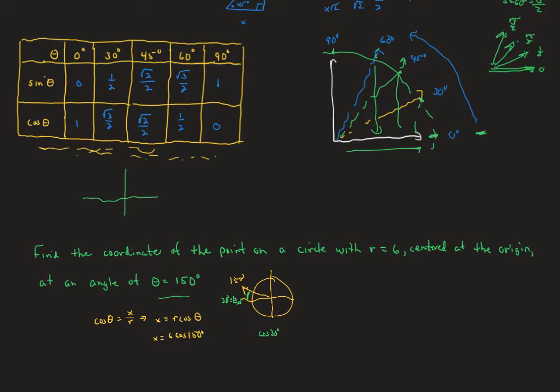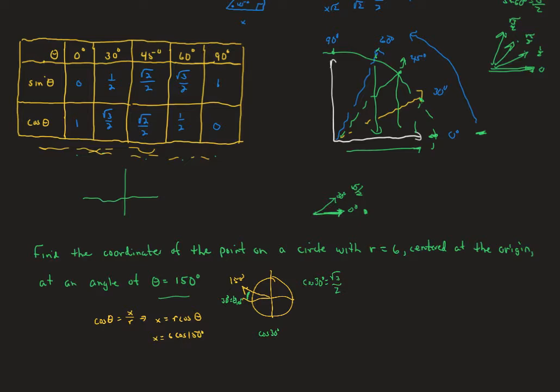Let's see, cosine: 0 is the first angle, and 30 is the next angle up. Cosine starts big, so it's 1 at 0, and then we go down, and the next smallest one is square root of 3 over 2. So the cosine of 30 degrees is the square root of 3 over 2. We're going to do all this from memory.